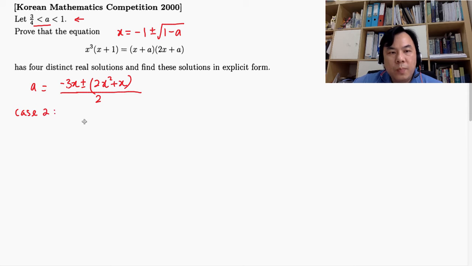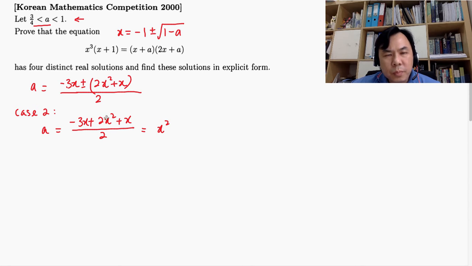So for case number 2, A would be equal to negative 3 plus 2x squared, 3x, right? Plus x divided by 2. Now that would actually give us x squared minus x. Right. So let me check whether that is correct. So that's an x squared minus 2 minus x, yes, correct.